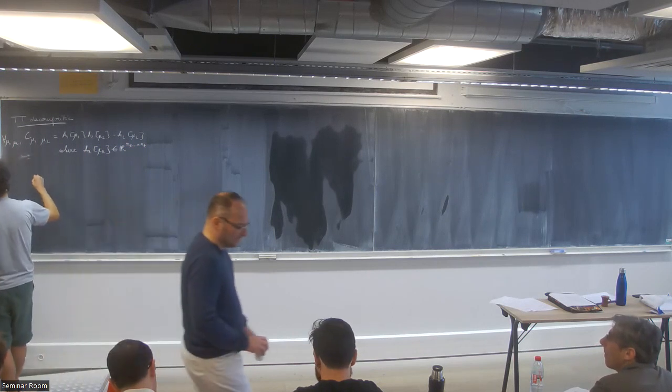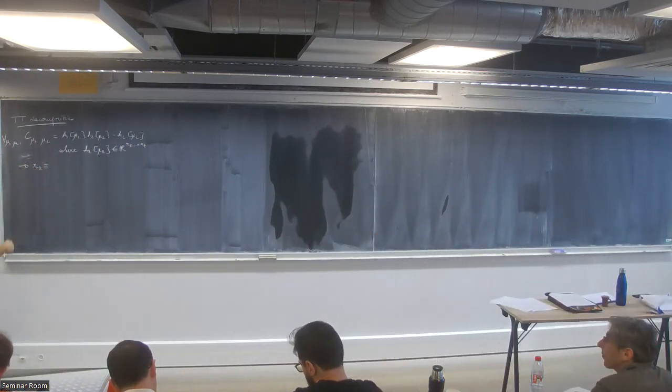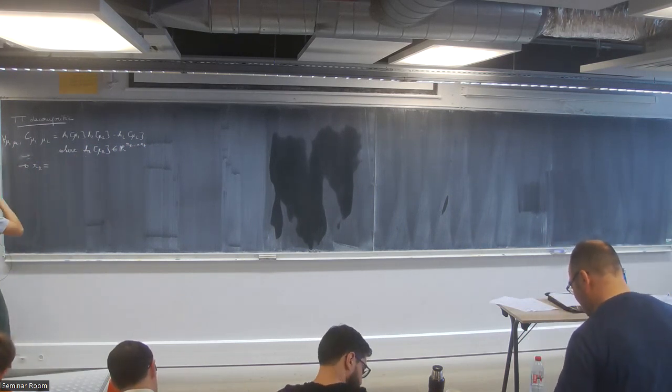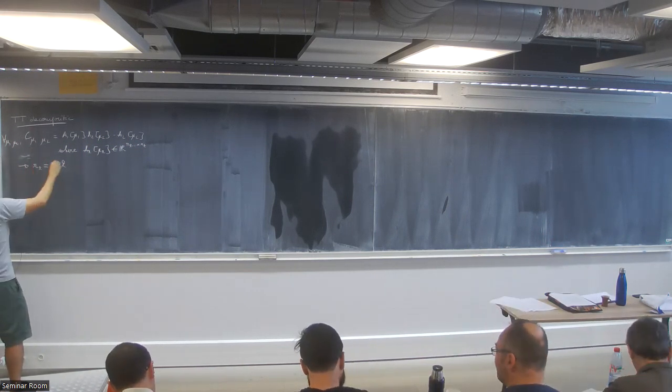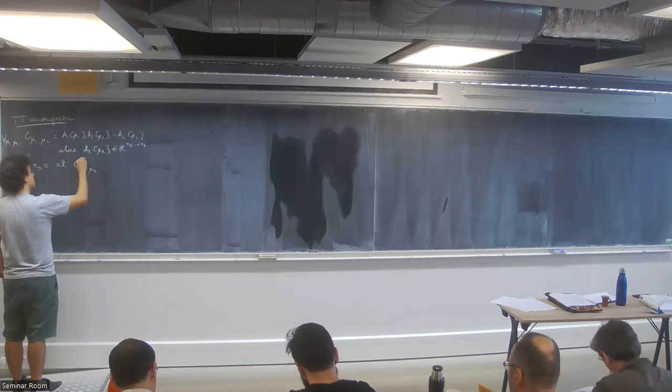One thing that we have seen yesterday is that the ranks, so the size of the matrices that appear in the tensor train decomposition, are related to the rank of a particular reshape of this tensor. Namely this one.